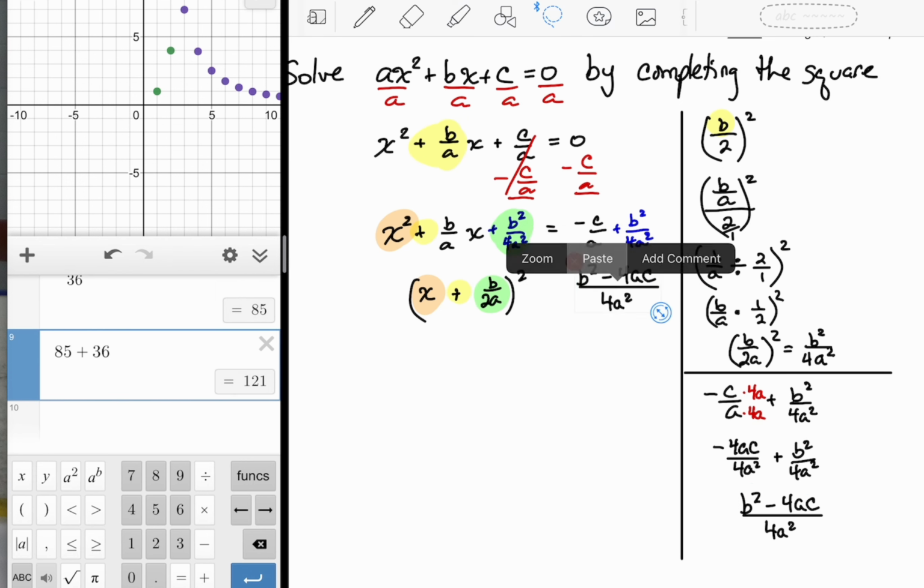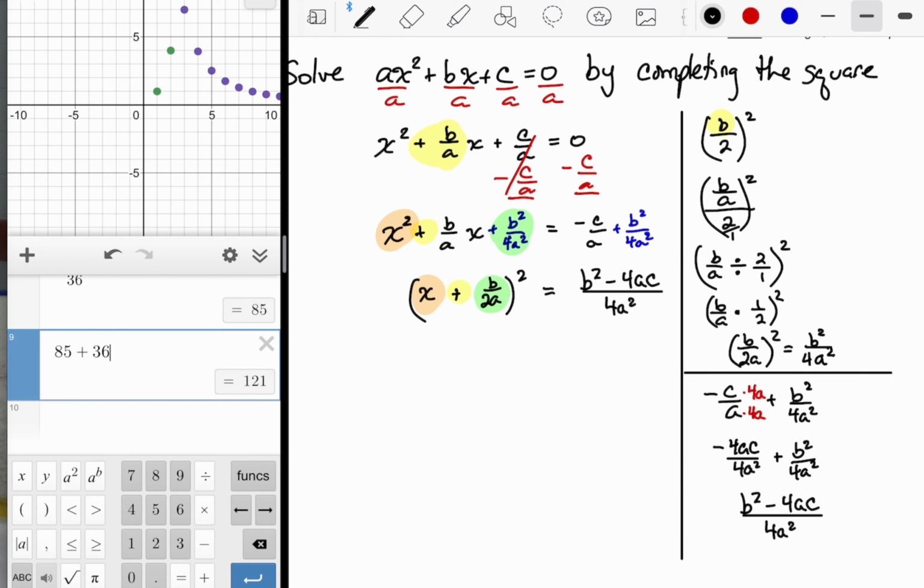It's not quite as simple as taking two fractions and adding them together in Desmos, but it's the same idea, just a little bit more intense. If I want to get x alone, I need to get rid of that power of 2. We do that by taking the square root of both sides. On the left-hand side, the power of 2 and the radical cancel each other away.